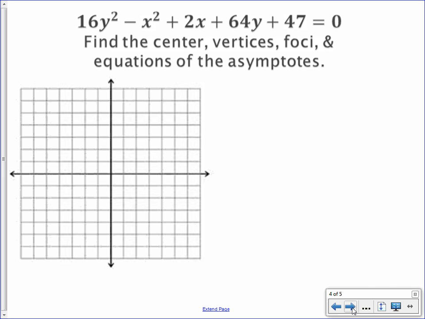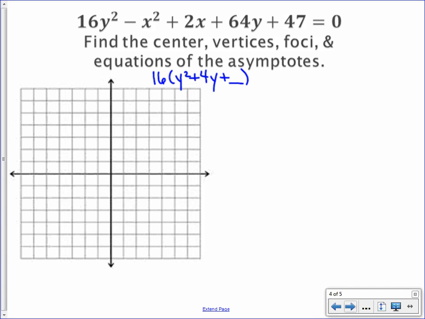We need our x minus h squared and our y minus k squared, so we need to complete the square 2 times with both variables. So, I'm going to keep my y's first, since that's the positive variable. I'm going to factor a 16 out of y squared, which means I also need to factor it out of 64y, correct?